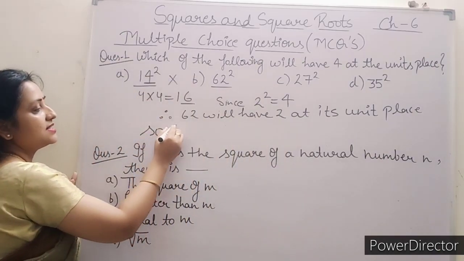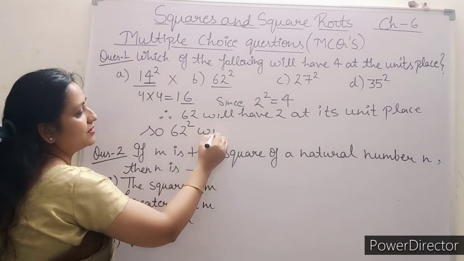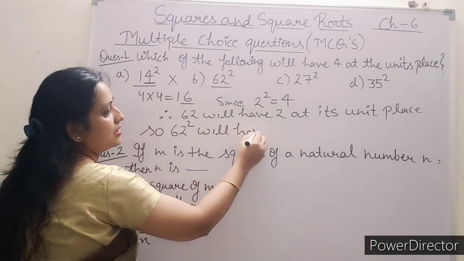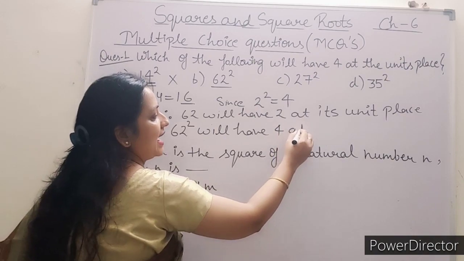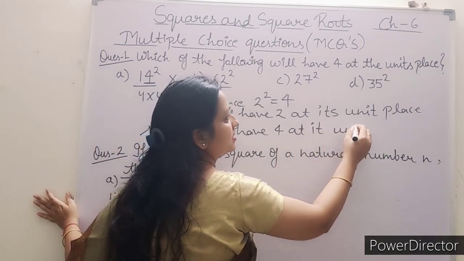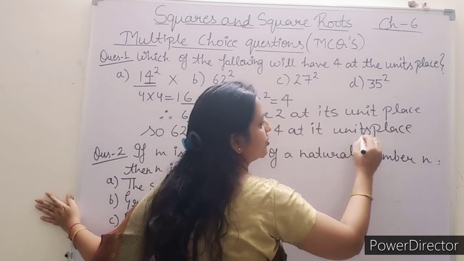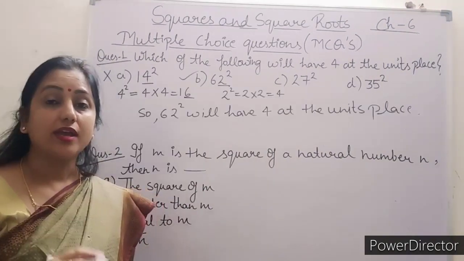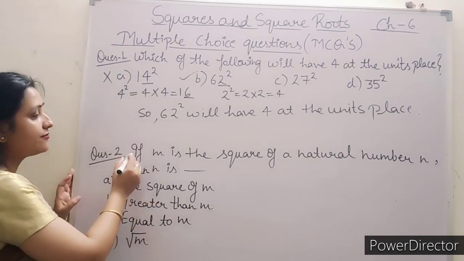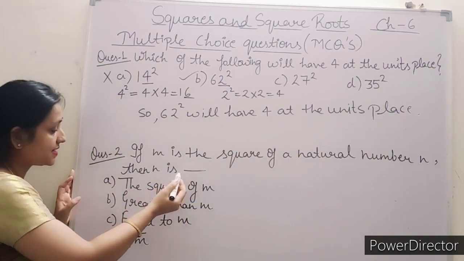So 62 square will have 4 at its unit place.